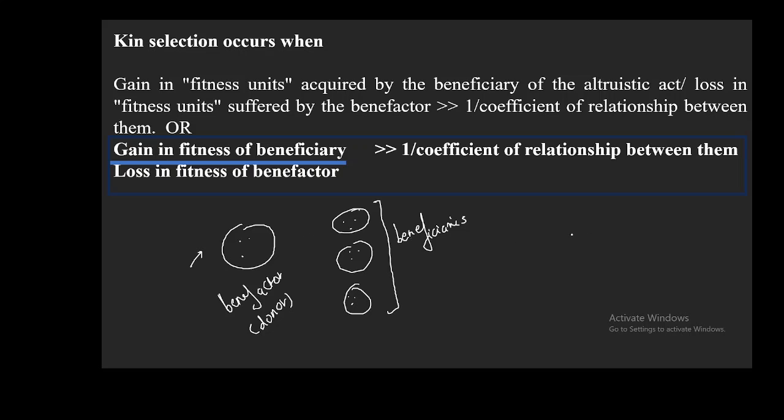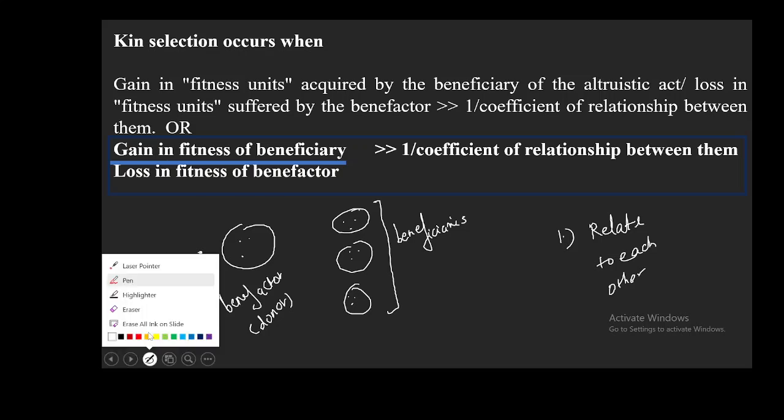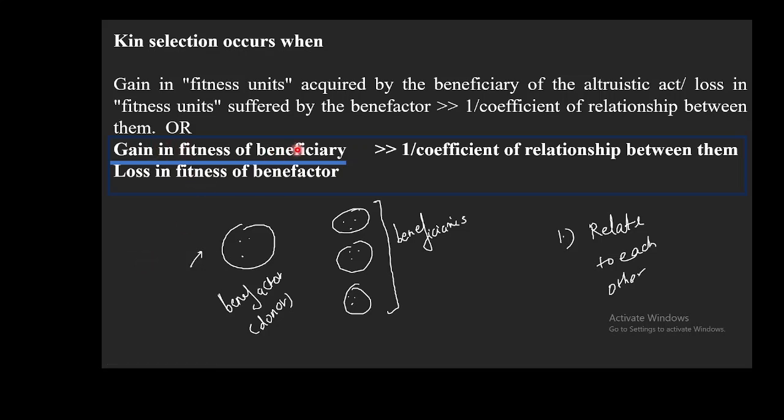And one thing is, they need to be relatives. They should be related to each other. Then only can they show unselfish behavior. Whenever the gain in fitness of the beneficiary is higher than the loss in fitness of the benefactor, then kin selection occurs. And it is inversely proportional to the coefficient of relationship between them.